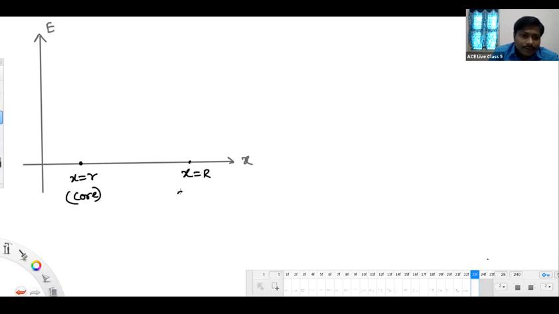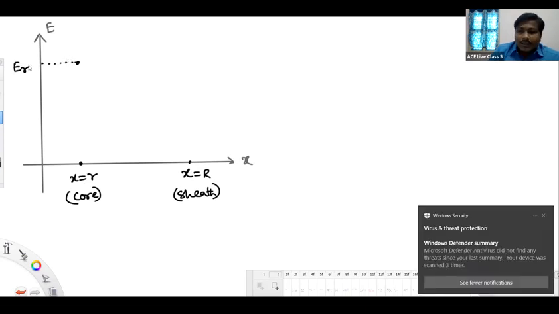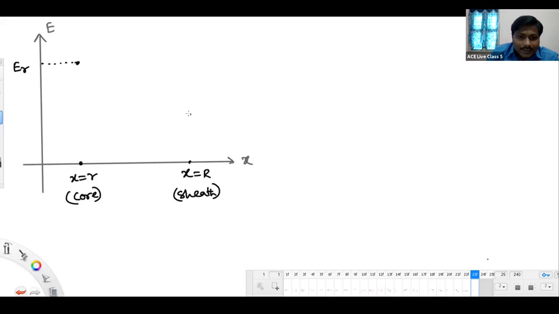On the core we have the maximum field intensity, E small r, and on the sheath we have some minimum field intensity, E capital R.